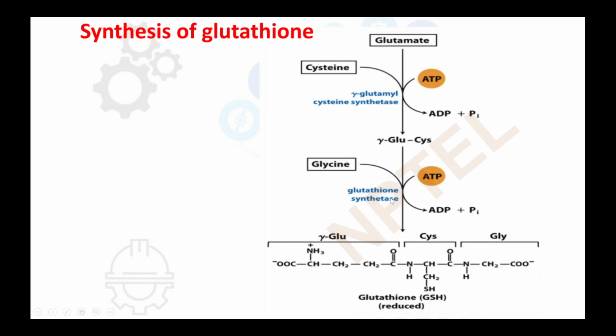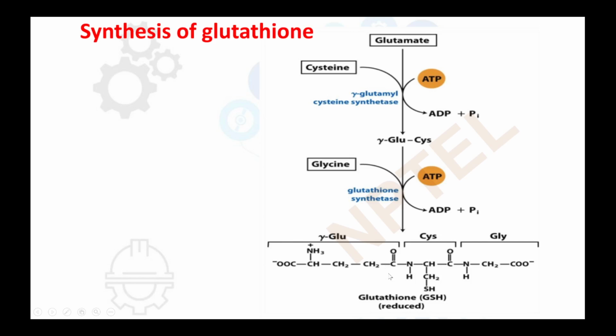Again, a synthetase, that means ATP hydrolysis is required, and then we get gamma glutamyl cysteinyl glycine, or glutathione. It's written reduced because the cysteine part is in the reduced form. If it is in the dimeric form, then it won't be reduced.